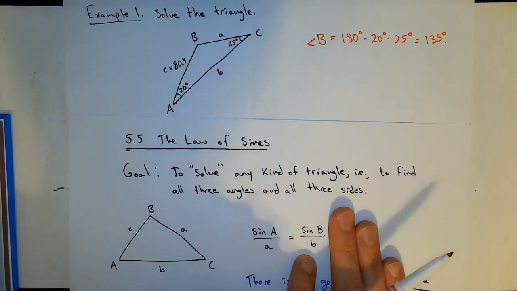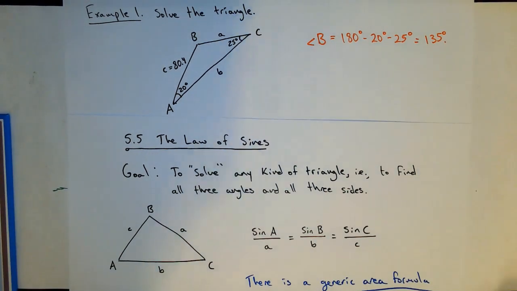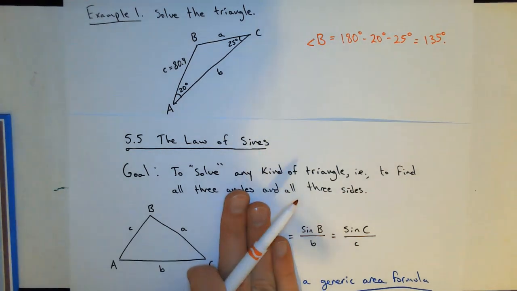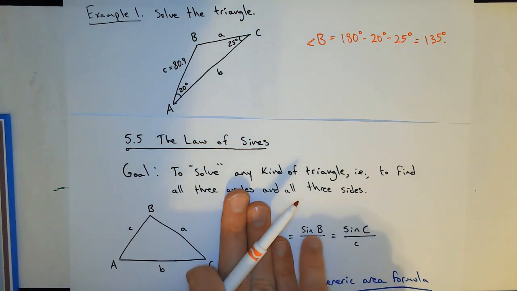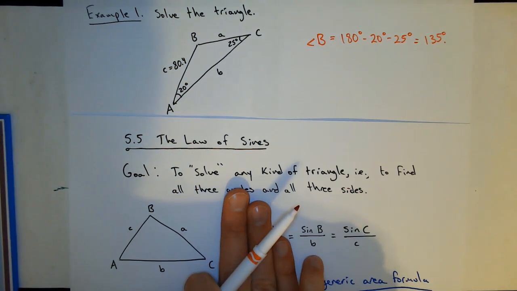So we don't want to have two unknowns in our equation. So we better use some other combination of these equations, maybe this one. Because I know little c, and I know all of the angles, and the only unknown in this case would be little b, so I can use this to find little b.